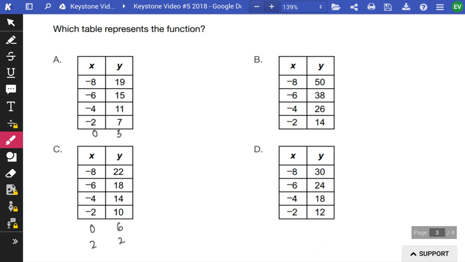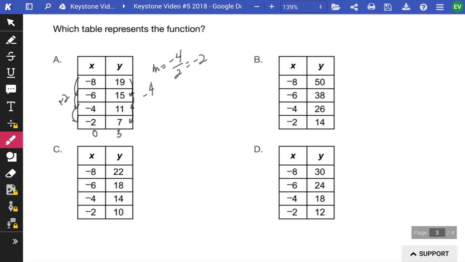So we have, in table 1, it looks like we go down 4 for each of those, and we go up 2, so that means our slope is -4/2 or -2, just like our graph.